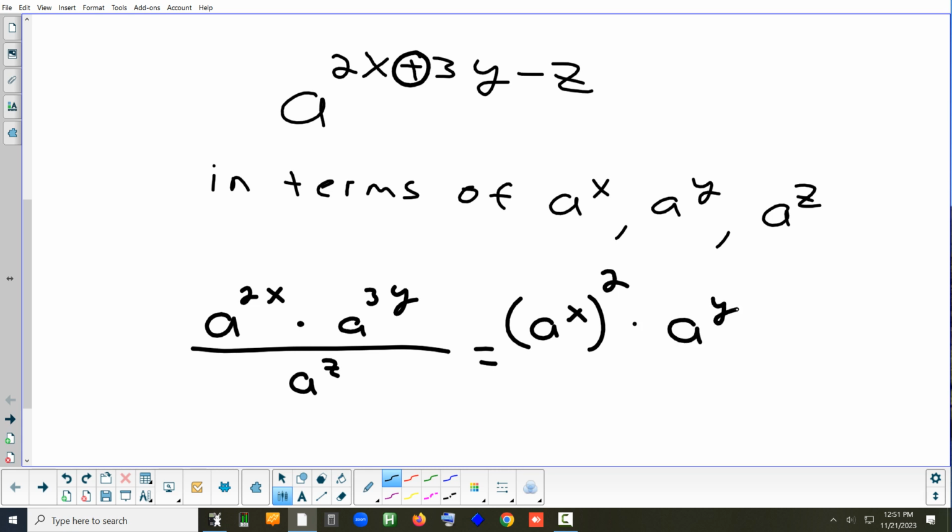So a to the y, okay, there's another expression they wanted us to use, divided by a to the z. So it's really just practicing our rules for exponents. And we rewrote what we had originally in terms of a to the x, a to the y, and a to the z. Any questions on that? All right, so that's pretty straightforward.